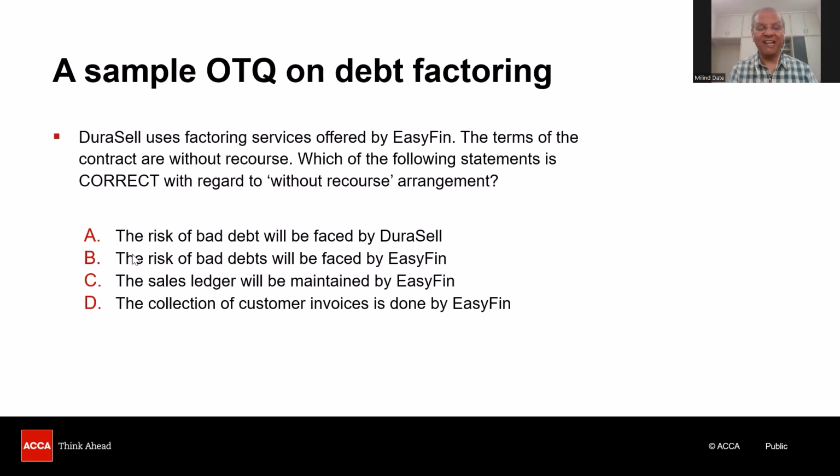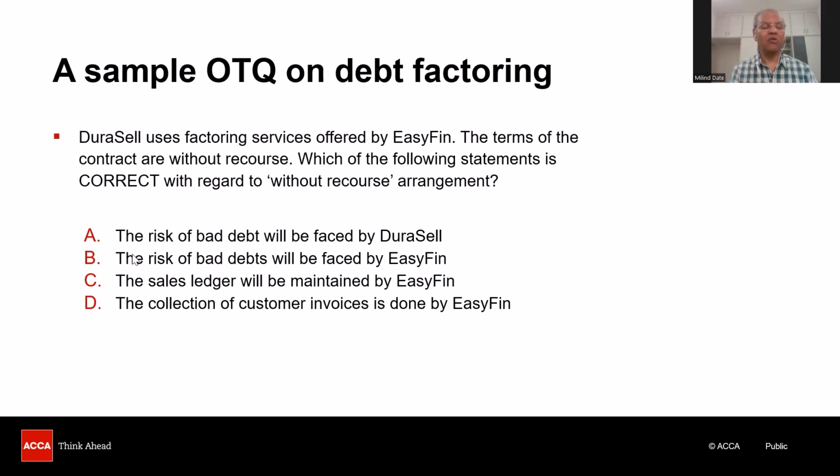Please note again, if we do not learn this concept properly, it will be difficult for us to face such simple or innocuous looking questions, because number one, we have not learned properly. Number two, we do not read the requirement carefully.